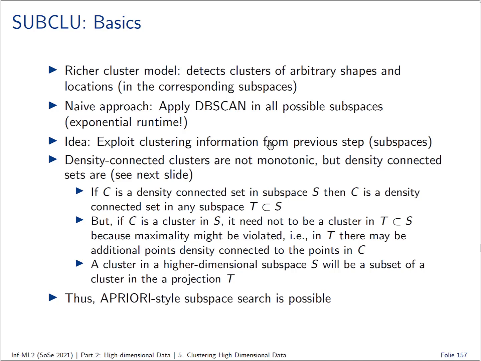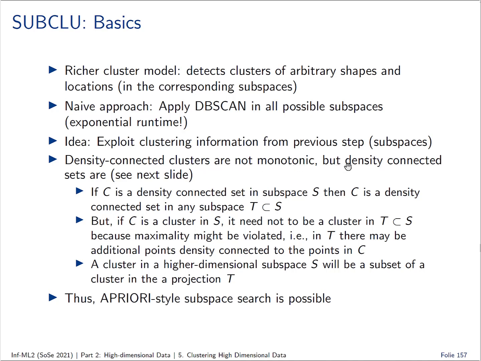So if we know that there is no k-dimensional grid cell, any k plus one dimensional extension of this k-dimensional cell cannot be dense too. So the question is, does that also hold for density connected clusters? Well, there is a good and a negative point. The negative point, for density connected clusters, there is no monotonicity.